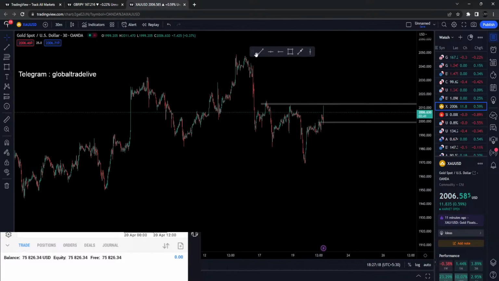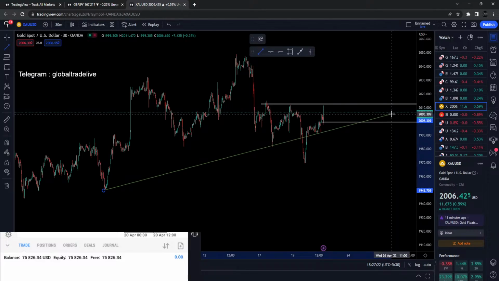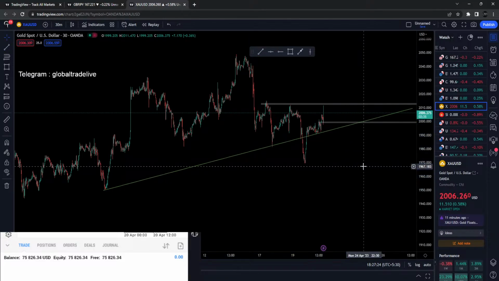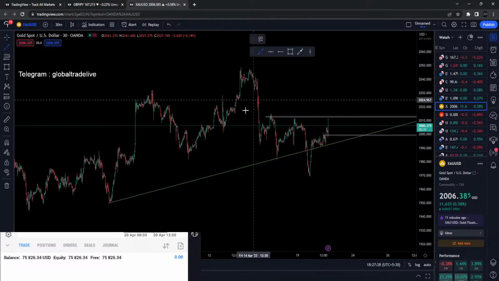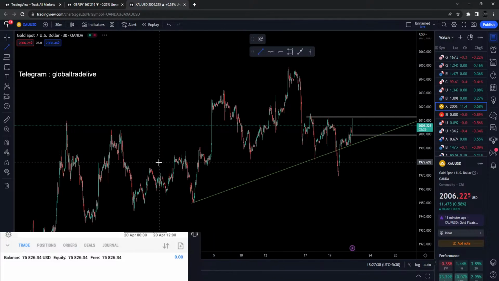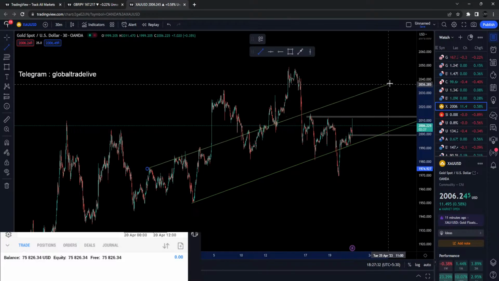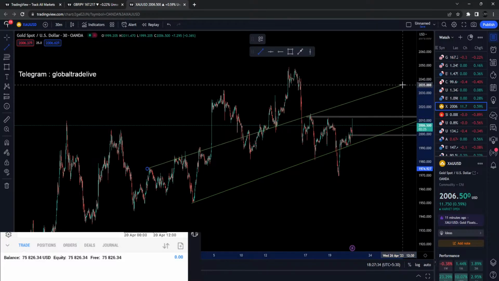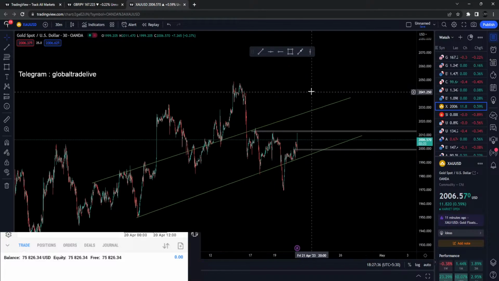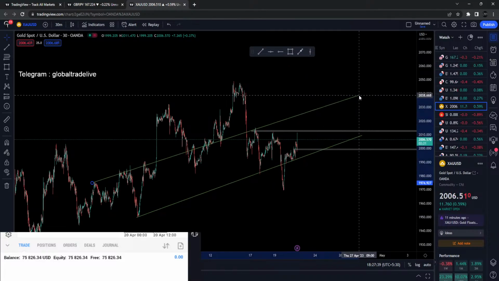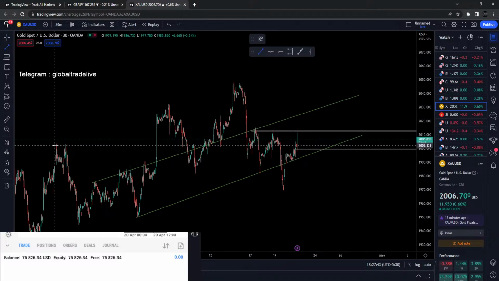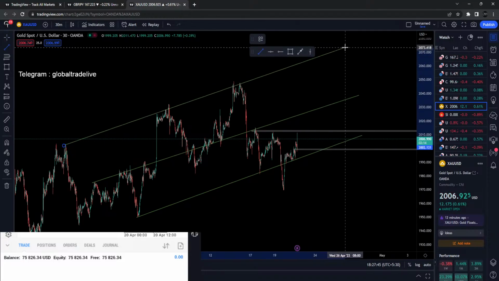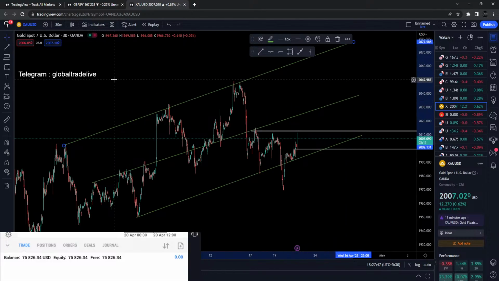Okay, then we have this area of trend line, then we have this area over here, and then we have this area over here.